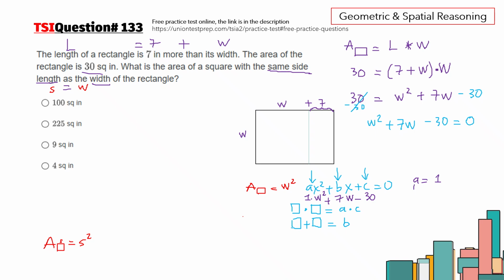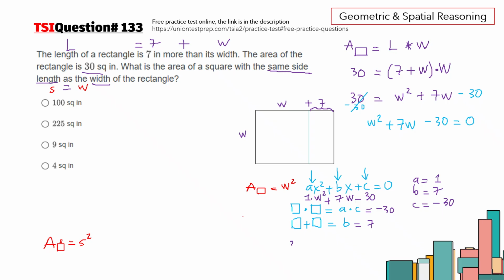Okay, so b is 7, c is negative 30. Please include the sign in front of the number as well. So a times c is negative 30, because a is 1 times negative 30. b is 7. Now, what are two numbers that multiply to negative 30 and add up to 7?